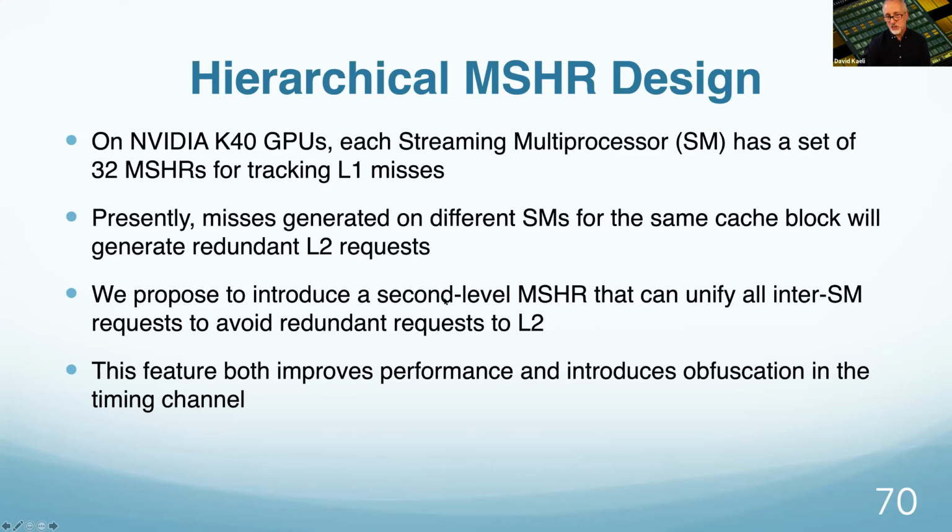So we introduce a second level MSHR that can unify all the inter-SM requests to avoid redundant requests to L2. This both improves performance and introduces obfuscation in the timing channel. So we have an architectural feature that provides obfuscation, improves performance, and lowers the timing leakage.